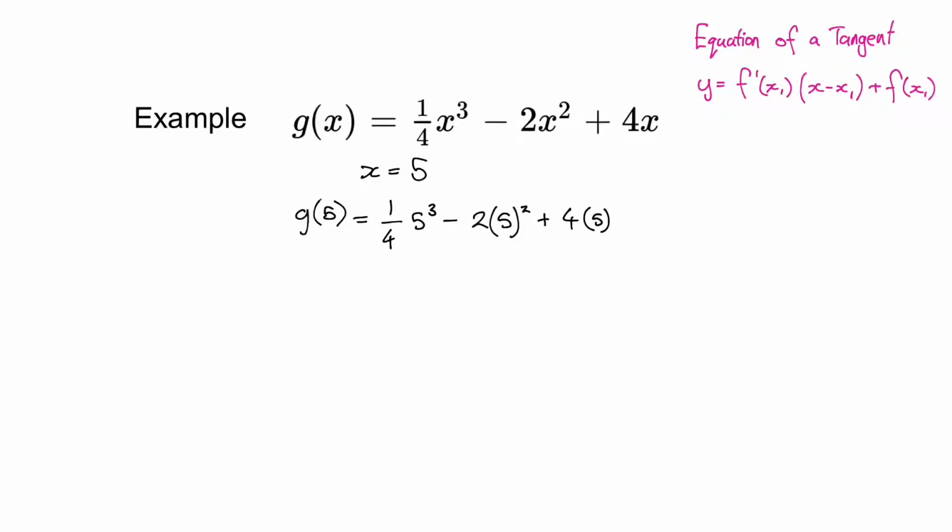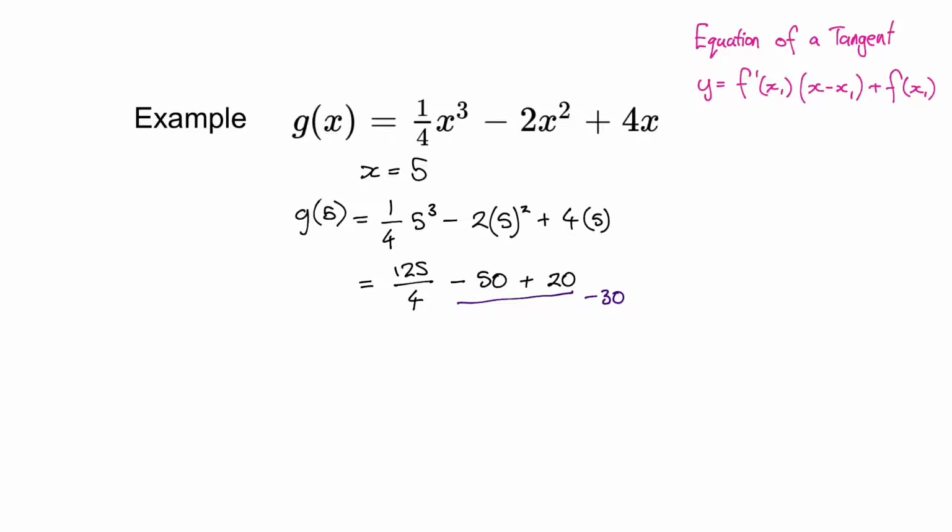Solving this one out, we get 5 cubed, which is 125, over 4, minus 5 squared, which is 25, times by 2, which is going to be 50, plus 4 times 5, well, 4 times 5 is 20. So our next point is, well, this part here, minus 50 plus 20, well, that's going to give us minus 30.